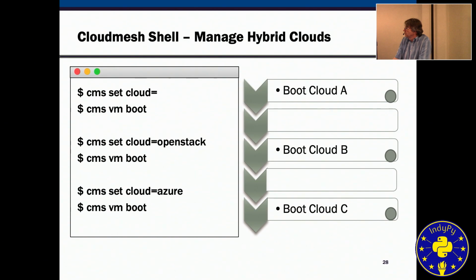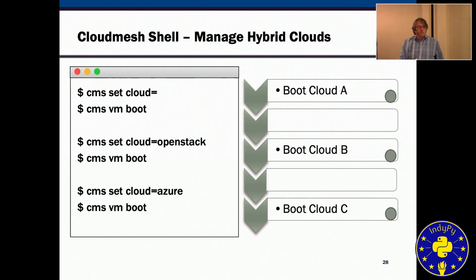Now the question becomes to your student, how do you boot a virtual machine on OpenStack? If I already do a CMS VM boot on Amazon, I should be doing the same thing on OpenStack, so we do the same thing on OpenStack. Now I switch the cloud to Azure, and how do I know how to start a virtual machine? Well, CMS VM boot.